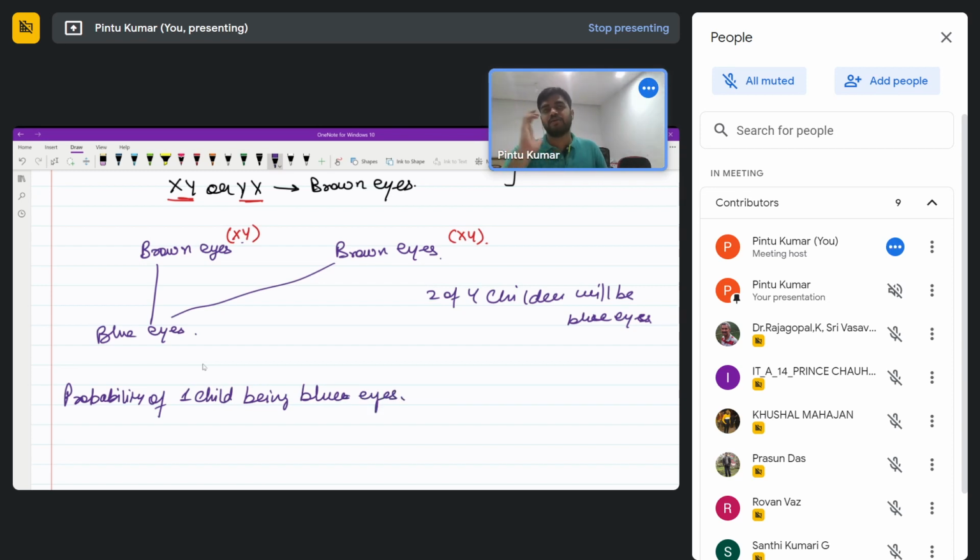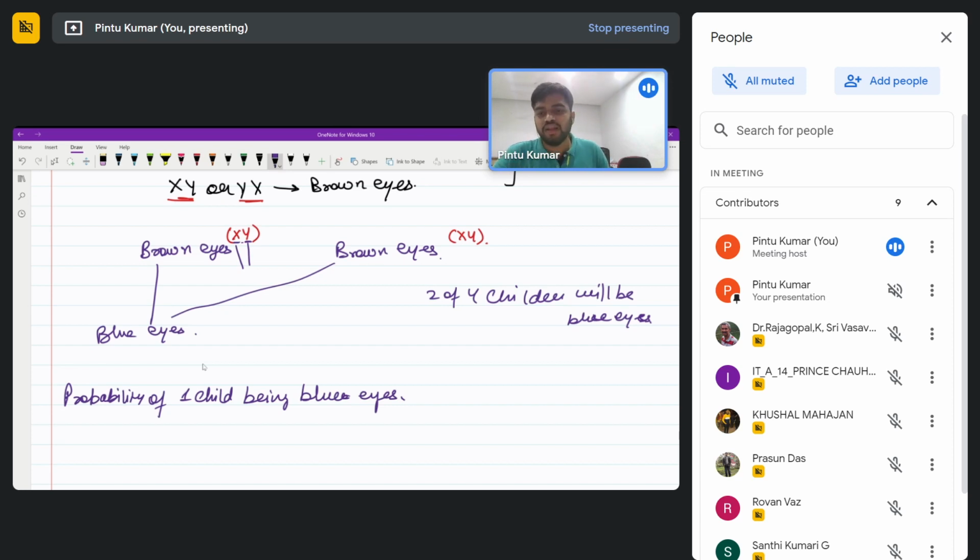Another thing is that whenever a new offspring is born, the probability of transferring either gene is equal. So the father can transfer X or Y with equal probability.